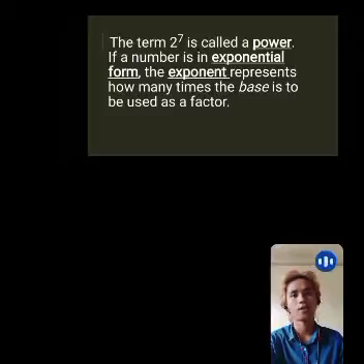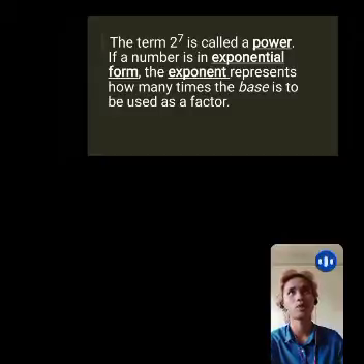So for this example, 2 raised to 7, you multiply 2 by itself 7 times. That is 2 times 2 times 2 times 2 times 2 times 2 times 2.